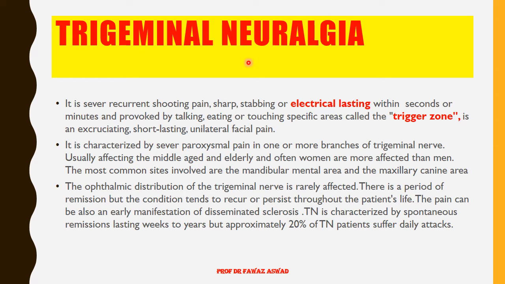The most commonly involved side is the area supplied by the mandibular nerve, the mandibular mental area, or the maxillary area, in which the maxillary canine area is mostly involved.